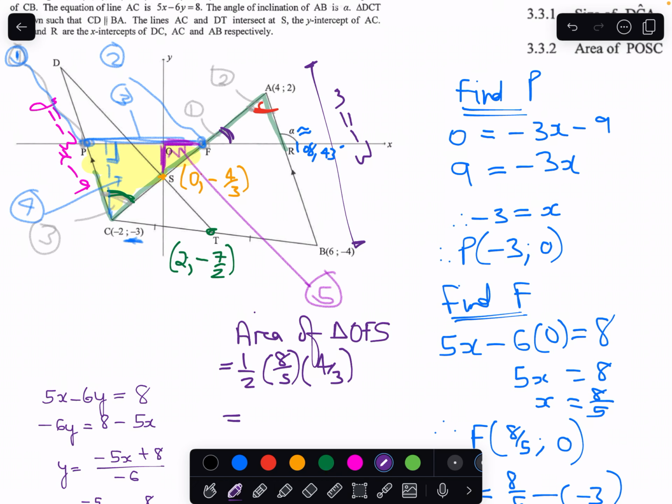Okay, so that ends up being 32 at the top and 30 at the bottom, which is the same as 16 over 15, right? So that's the area of the little triangle.